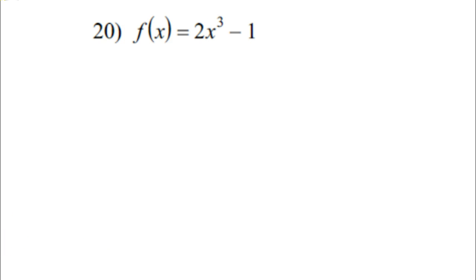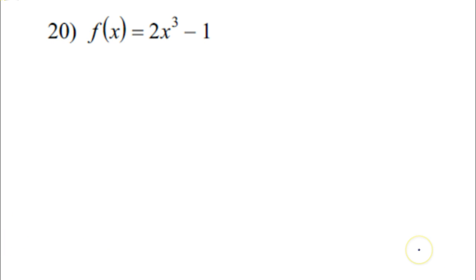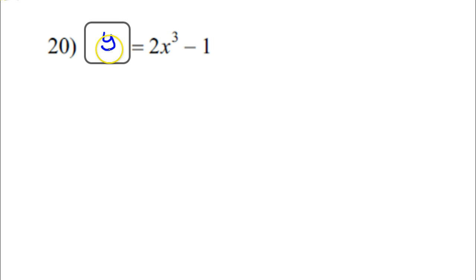Alright, so again, we're finding the inverse. The two steps are switch x and y and solve for y. So think of this as the y. If I switch x and y, then that's going to make this x equals 2y to the third power minus 1.